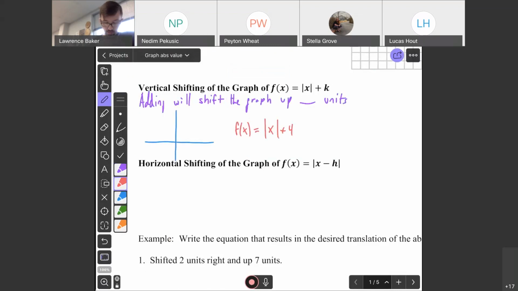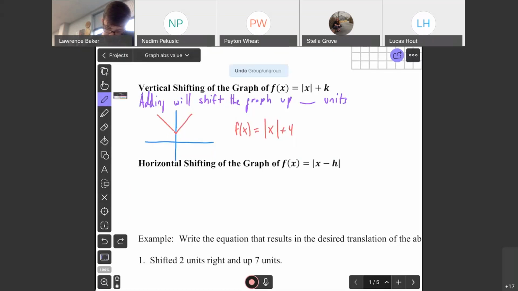Instead of the vertex being at the origin, the vertex is going to be shifted up 4, so it would be at 0, 4.